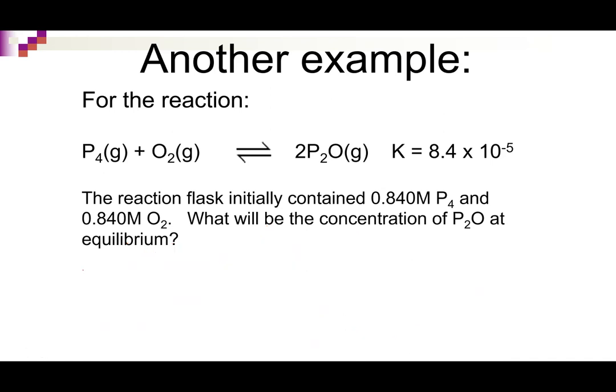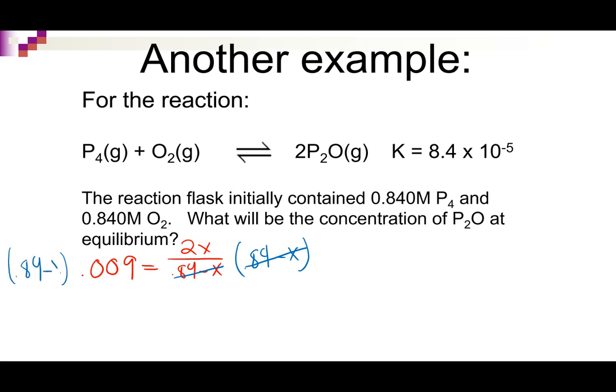So let me just recopy this where I have more room. So 0.009 equals 2x over 0.84 minus x. So first thing I'm going to do is get this out of the denominator, so out of the bottom. So that cancels. Whatever I do to the right side, I have to do to the left side.